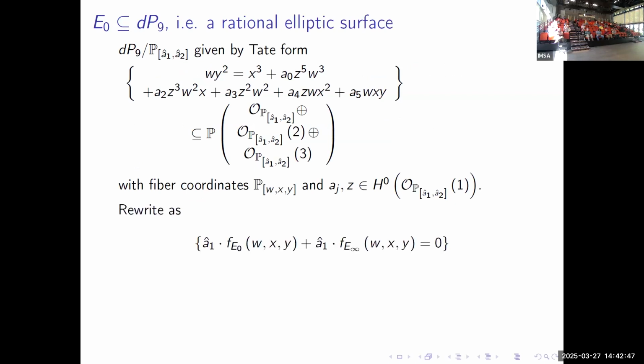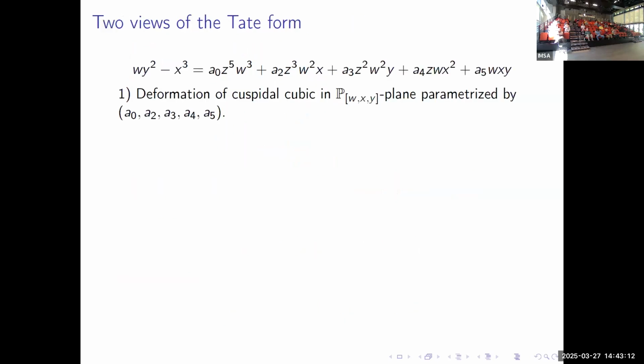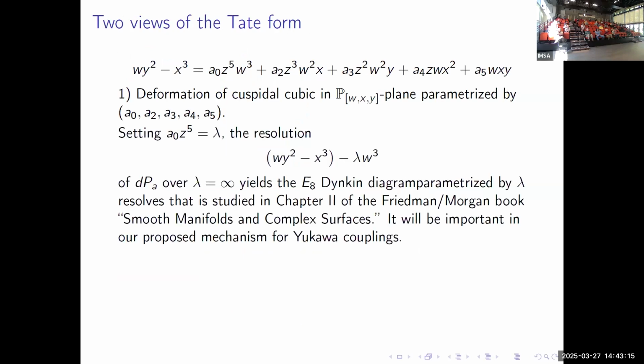So this is a form. There's its equation. It's parametrized by P1, right? It's a family of plane curves. The plane curve coordinates are W, X, Y, and the parameters are A0 and A1.